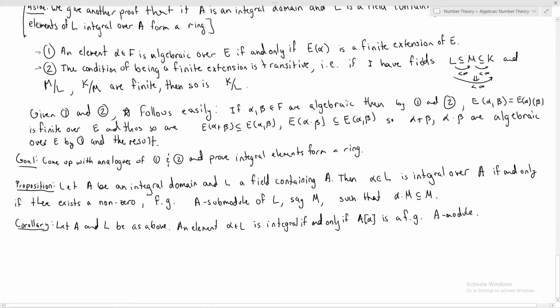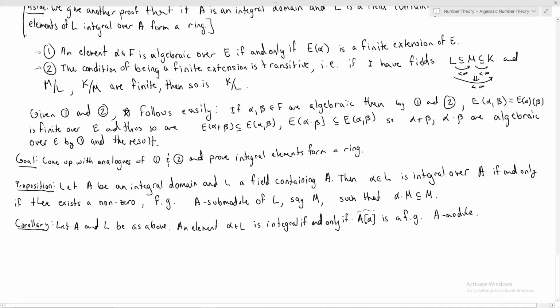The if part: if A join alpha is a finitely generated A module, to prove that I use this proposition here. That's why this is a corollary. If this is a finitely generated A module, clearly alpha times this thing is contained in itself, and so A join alpha satisfies the conditions of this module M.